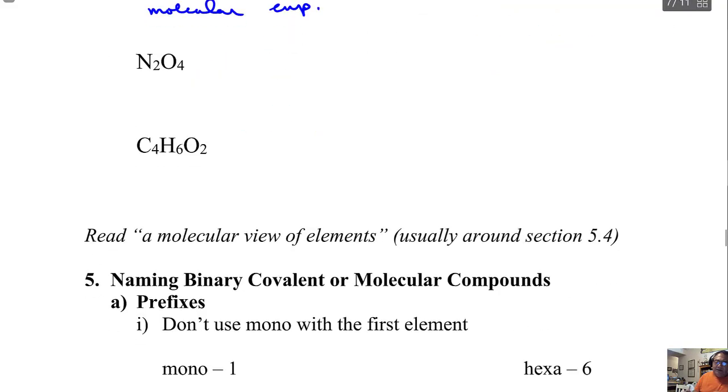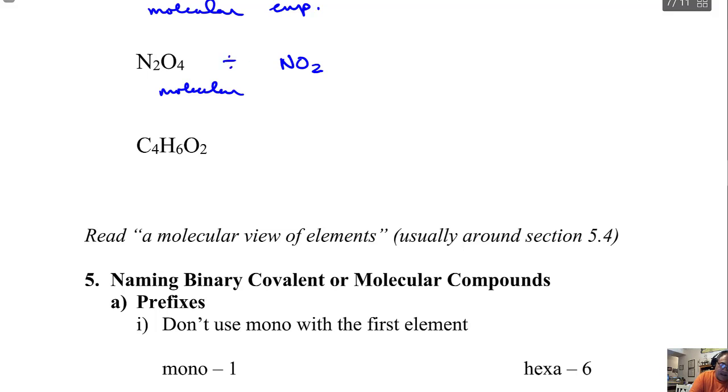All right, do NO2. It's N2O4, they're both divisible by 2, so this is a molecular formula. And the empirical formula would be NO2, because I can divide by 2.